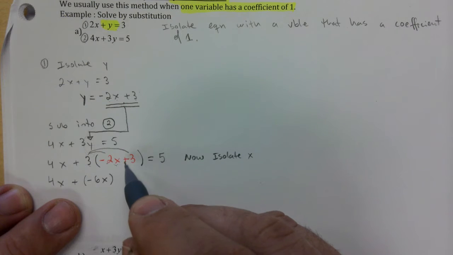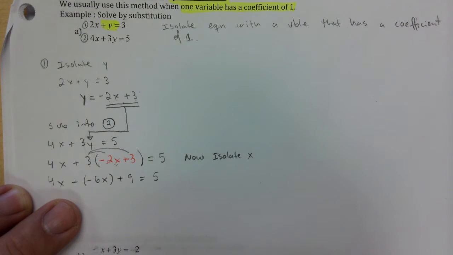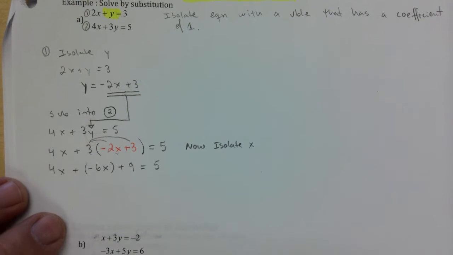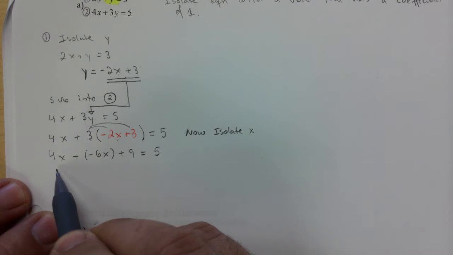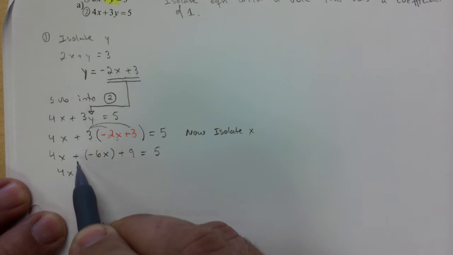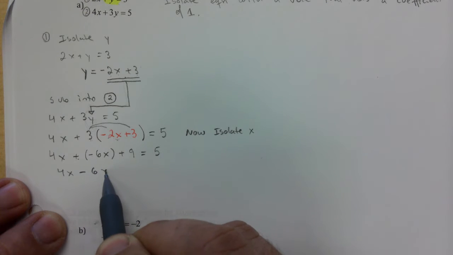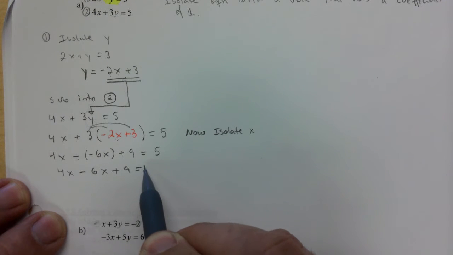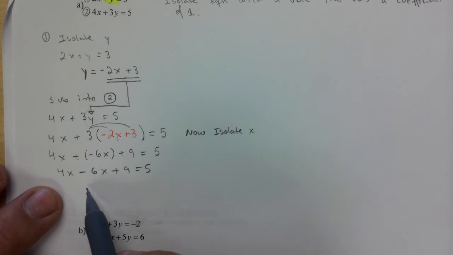And 3 times 3 is 9. And that whole thing equals 5. And then we can now say, hey, 4x plus and minus just goes minus. And let's clean this up. This will be negative 2x.